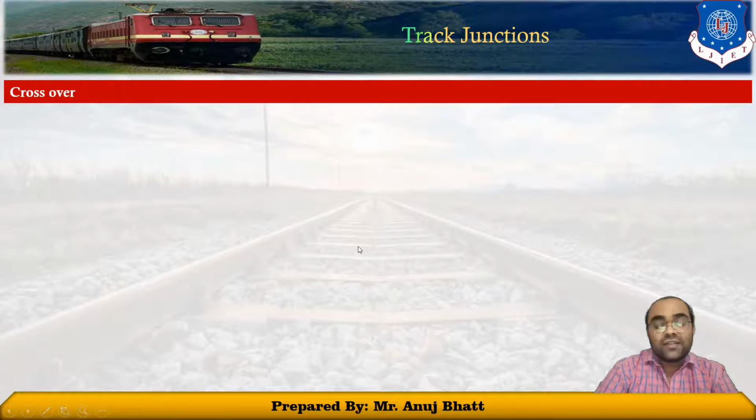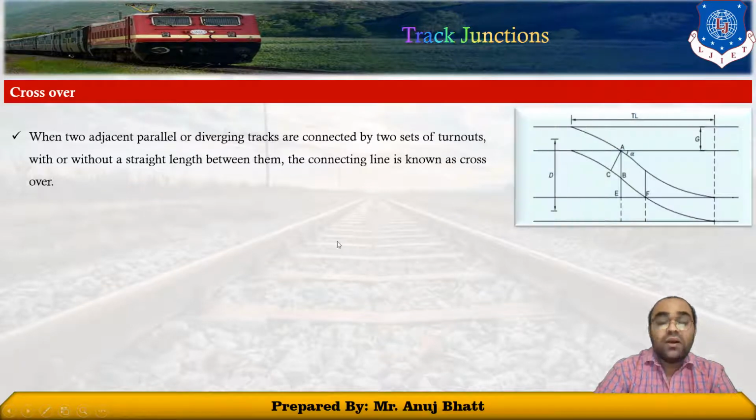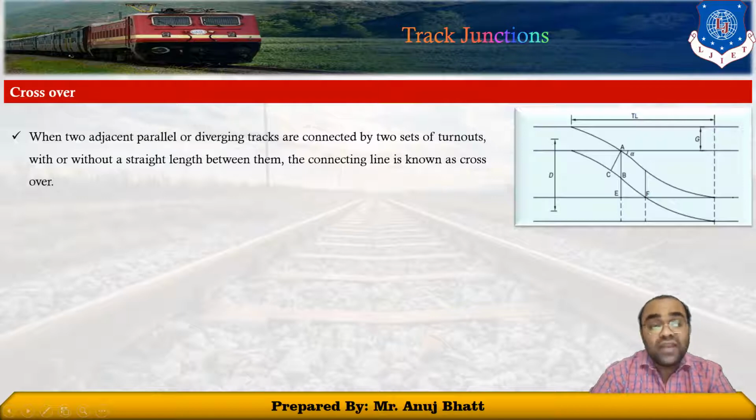The next is the crossover. When two adjacent parallel tracks are connected by two sets of turnouts, with or without a straight length between them, the connecting line is known as the crossover.